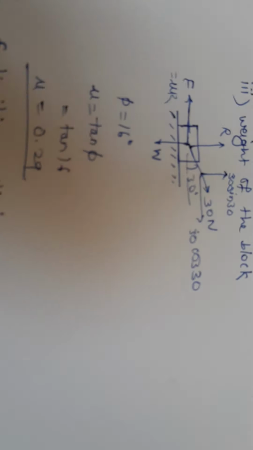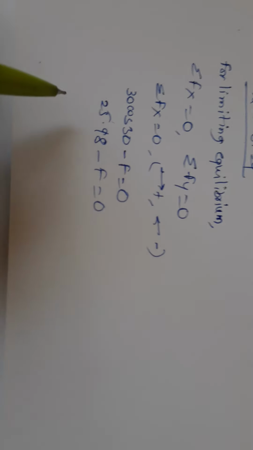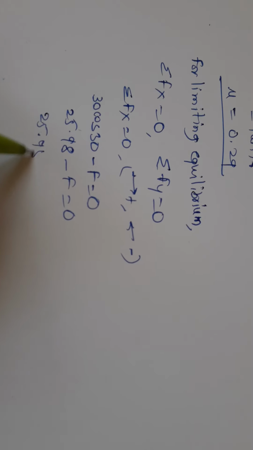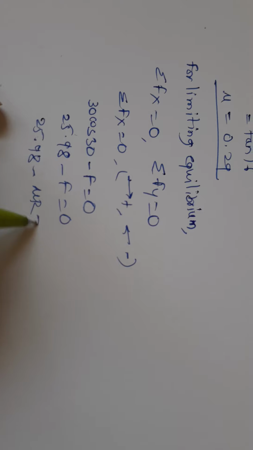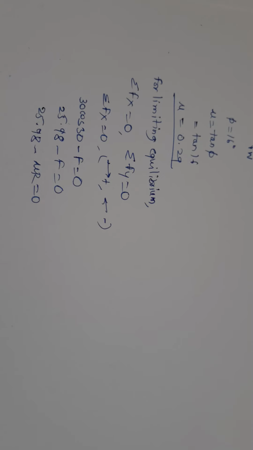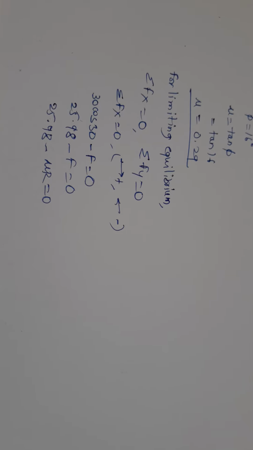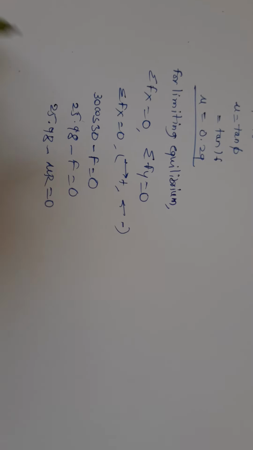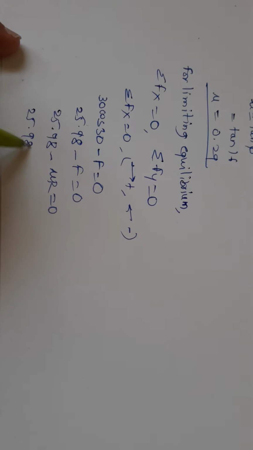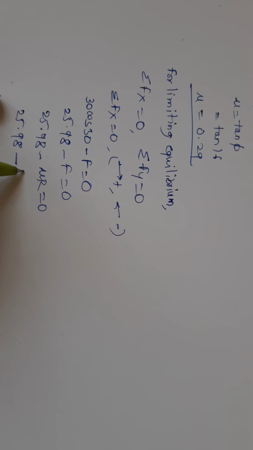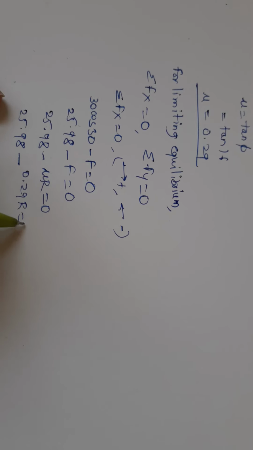So we know that this F is equal to mu R. So we can write here F is equal to 25.98 minus mu R equal to 0. So previously we have calculated mu as 0.29. We can put here mu as 0.29. So 25.98 minus 0.29 into R equal to 0.